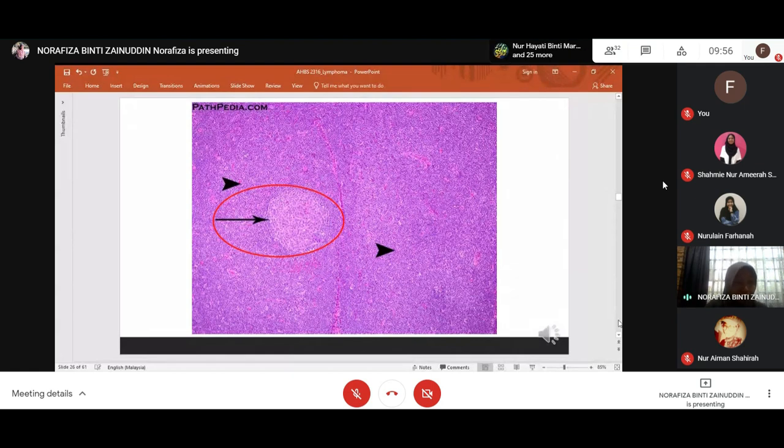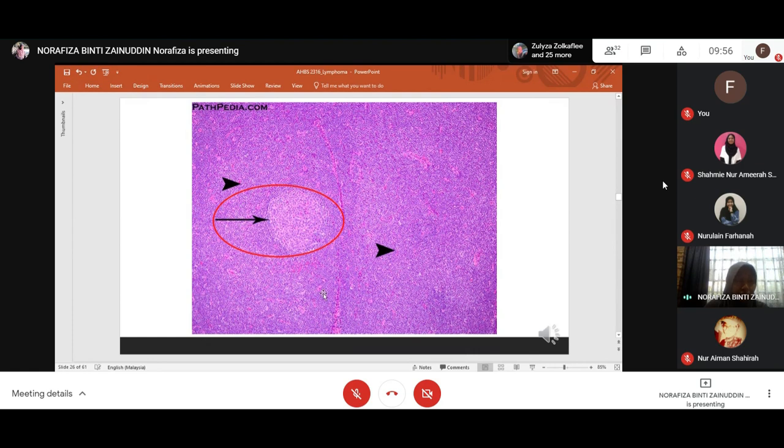So this is nodal marginal zone lymphoma just now. A single almost naked germinal center, which is in here. Yeah, is present surrounded by neoplastic marginal zone cells.